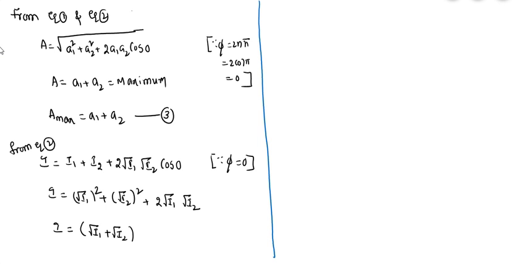This is just like a square plus b square plus 2ab, which is a plus b whole square. The maximum intensity we will get is I max is equal to root I1 plus root I2 whole square.